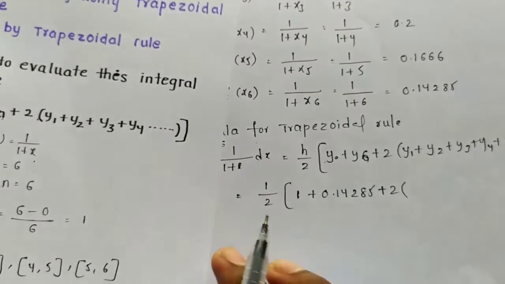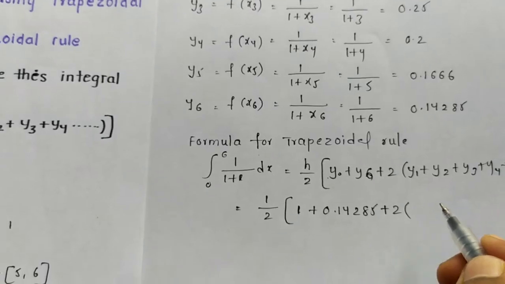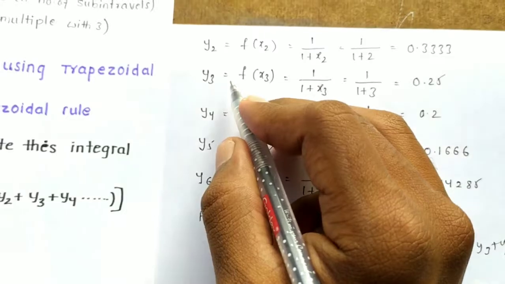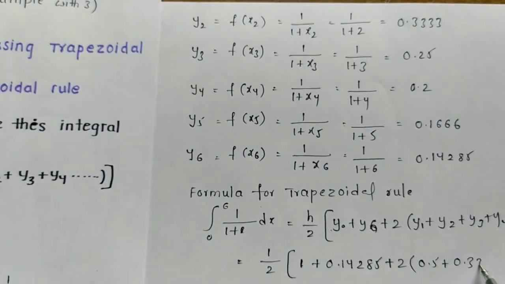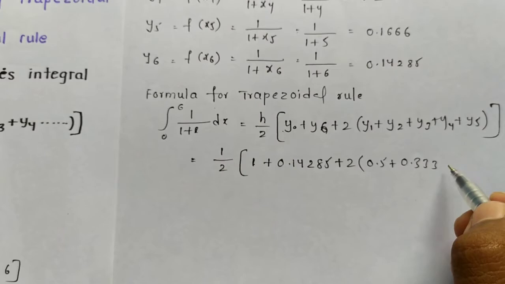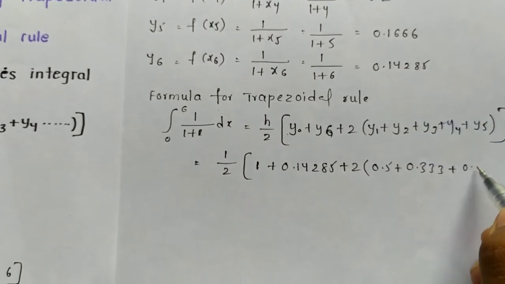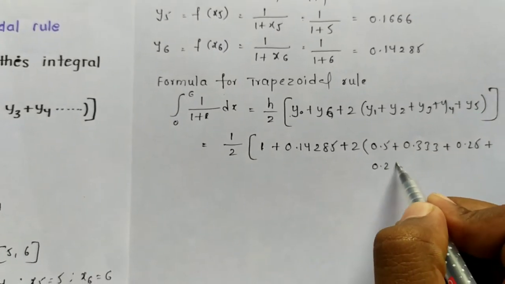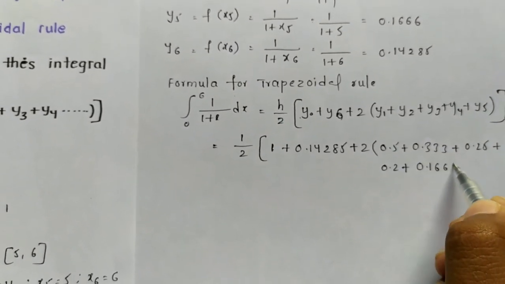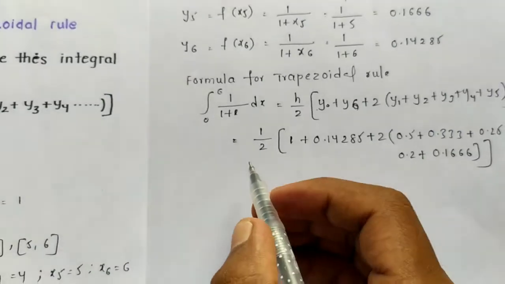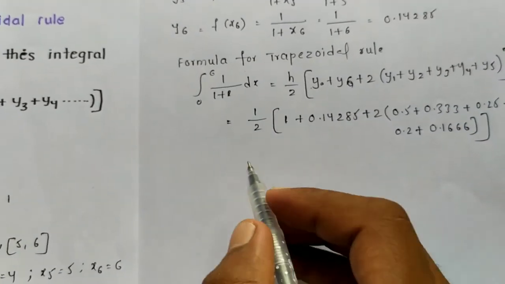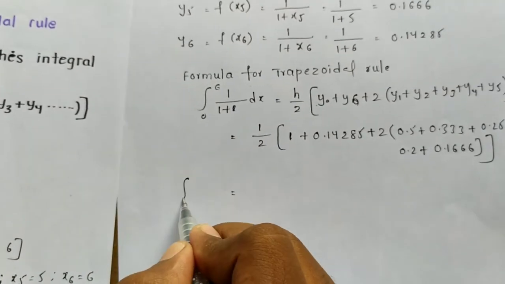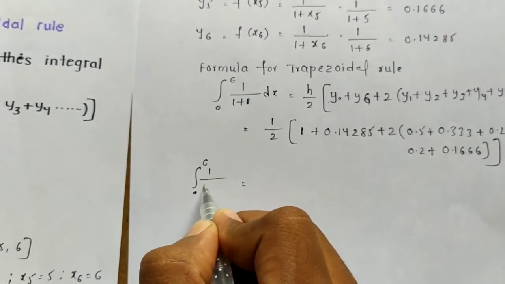Substitute y1 and y2 and the remaining values: y1 is 0.5 plus y2 is 0.33, and similarly substitute y3, y4, y5, to calculate the value of the integral from 0 to 6 of 1 by 1 plus x.